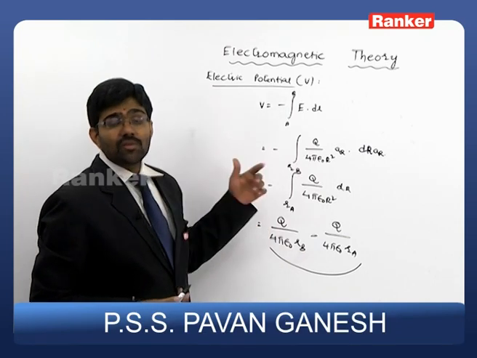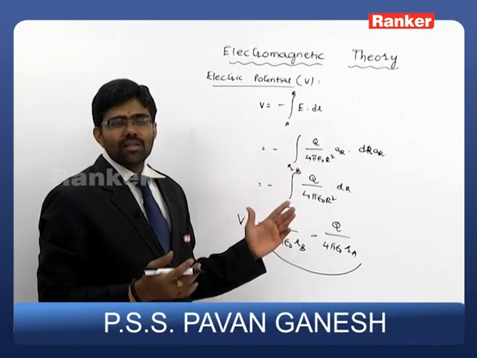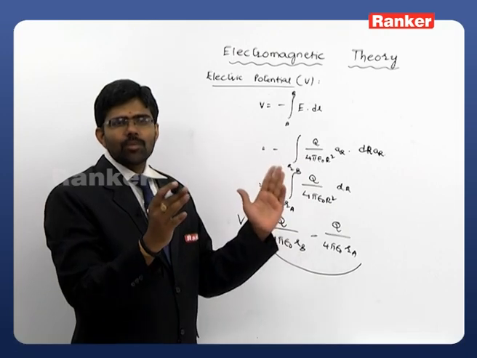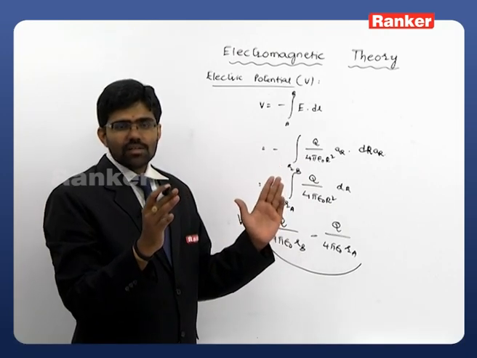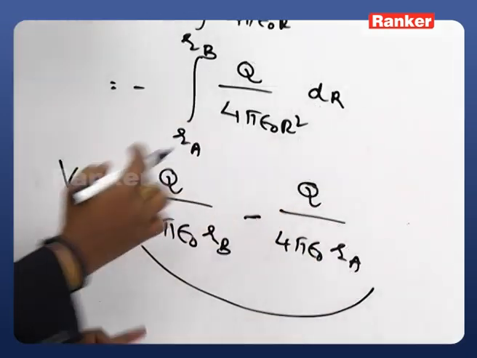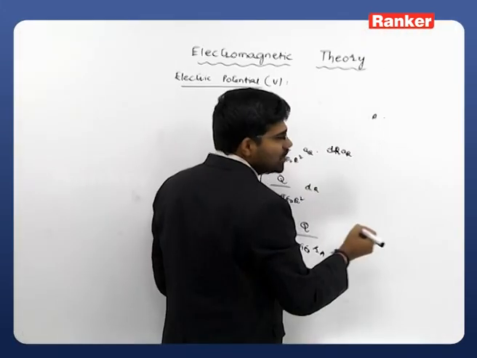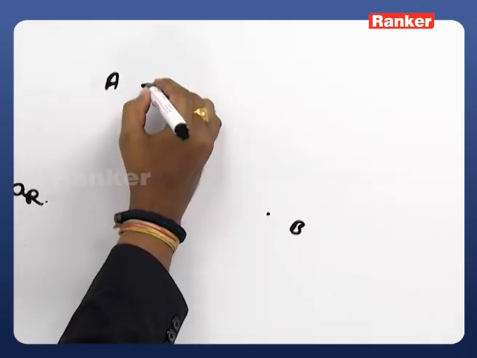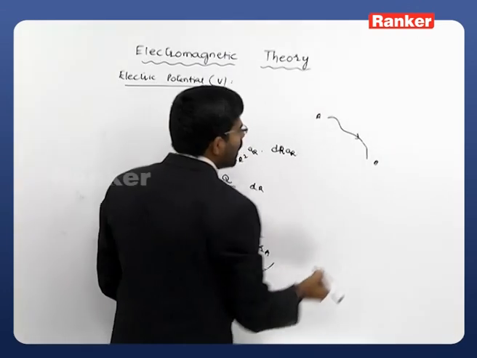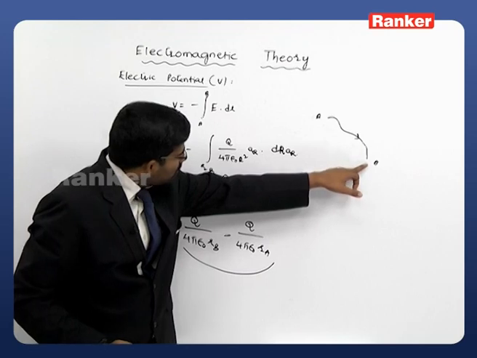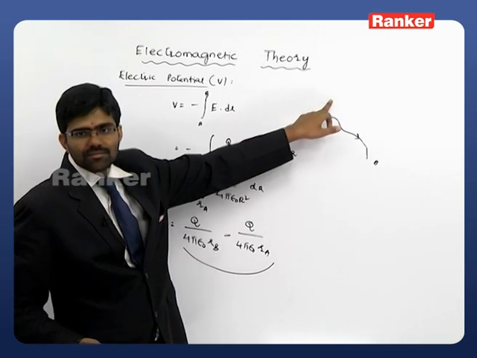This is a potential difference. So whenever we calculate V, it is not a simple potential. Once again remember, it's a potential difference between 2 points. Here, as we discussed, the charge is at point A, it was moved up to point B along some path, and we are calculating the potential difference between these 2 points.